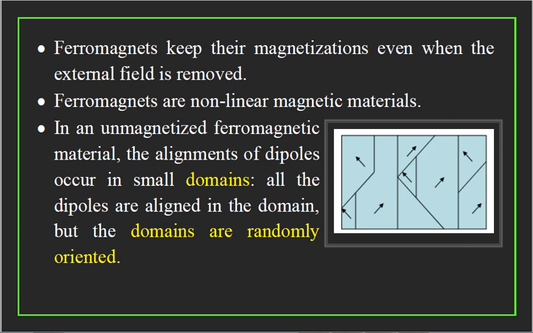So here, this is a domain in which dipoles are arranged in the direction of this arrow. Inside each domain, there is an arrow. That arrow represents the direction of dipoles in that domain. So all dipoles in that domain will be aligned in that particular direction. But as a whole, in the bulk of the material, the domains are randomly oriented.